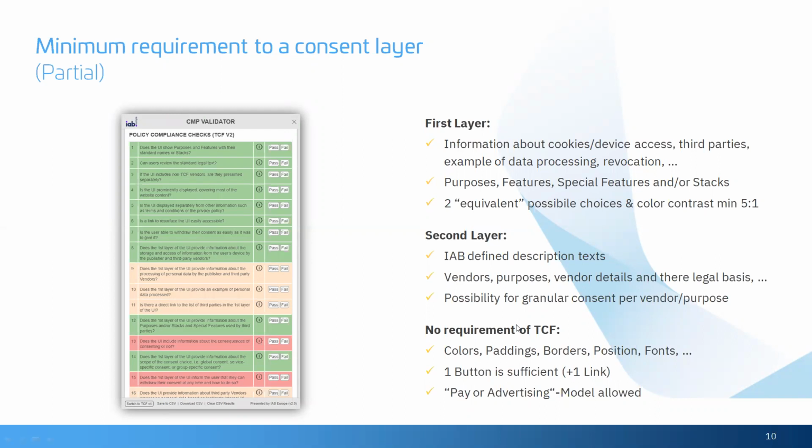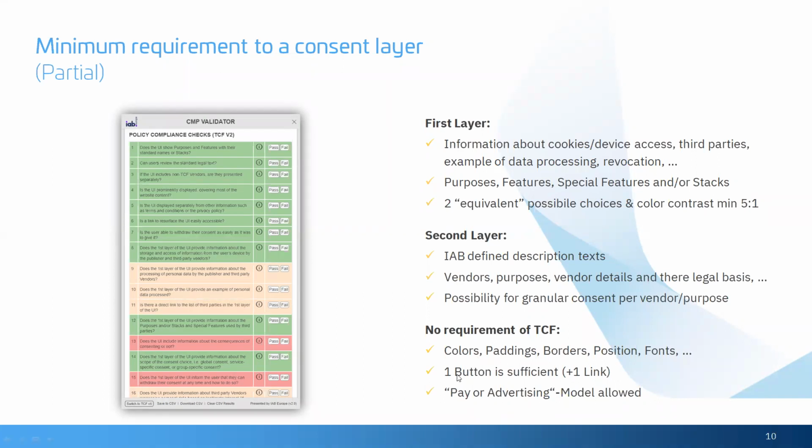What the TCF doesn't require is all the design stuff, basically, except for this contrast thing. So you can use whatever colors, paddings, borders, positions, fonts, whatever you want. You could put your logo in there. It doesn't matter; it's not defined by the TCF. As said, one button is sufficient.